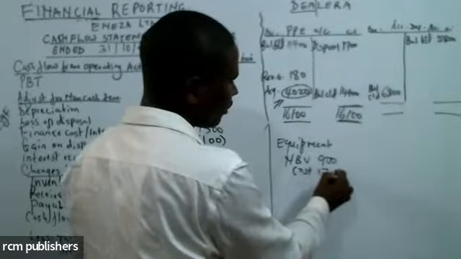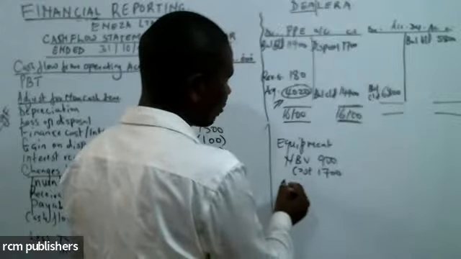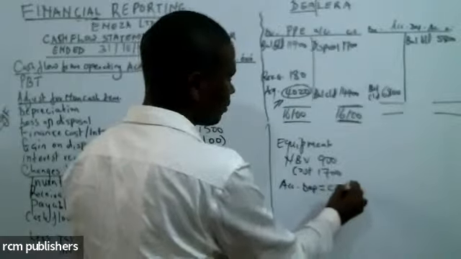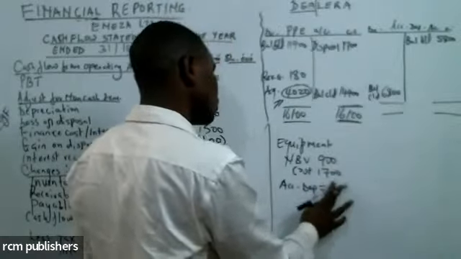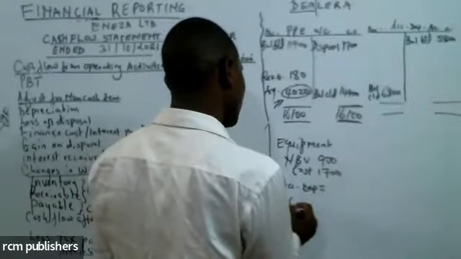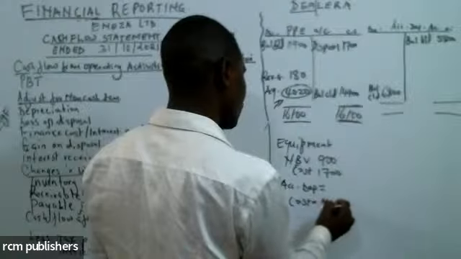Ilikuwa 1,700. Na tunajua kwamba to get net book value, it is cost minus accumulated depreciation.